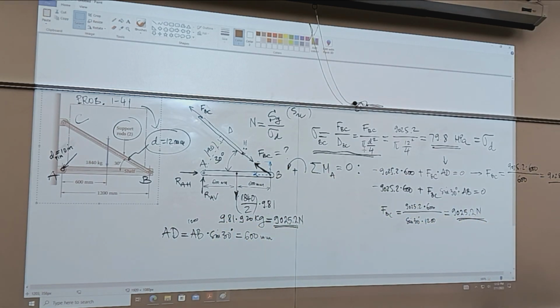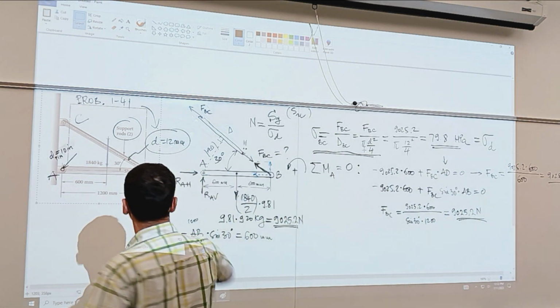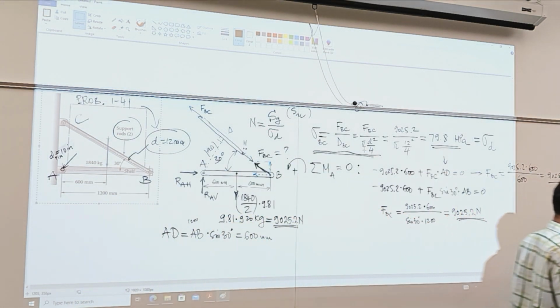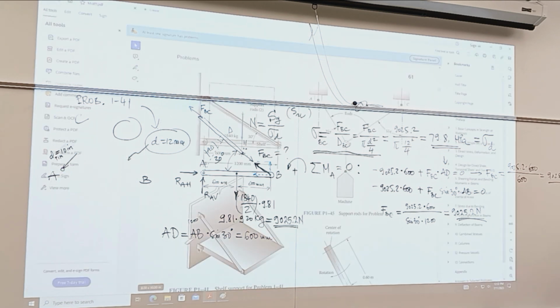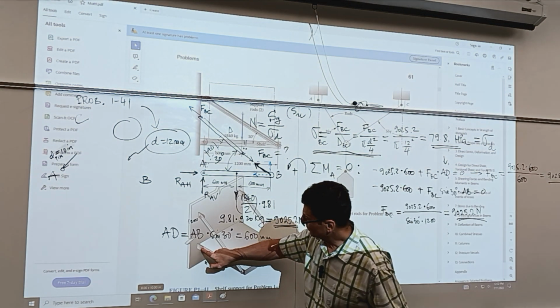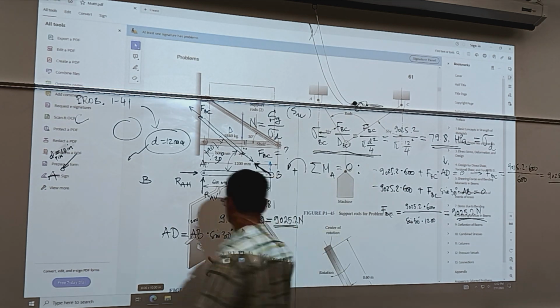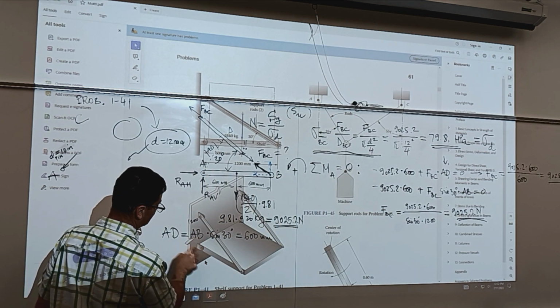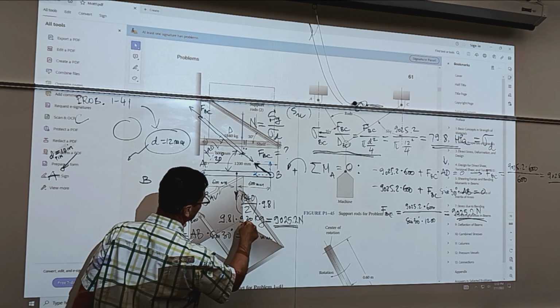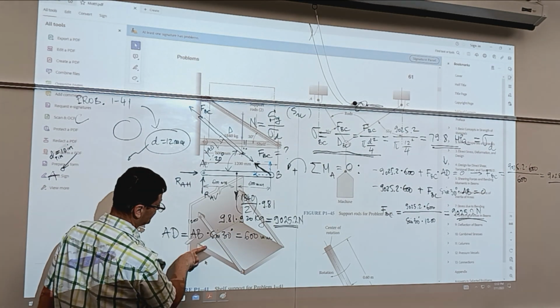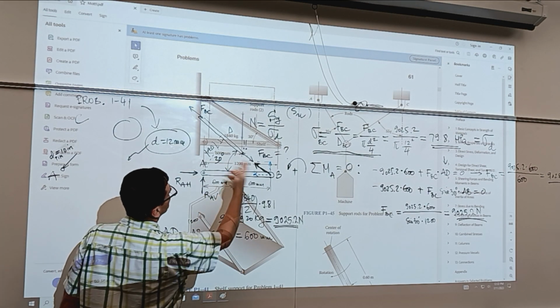Okay, so we have a pin, and if you look at the 3D view in the book, I can go to the book. So let's look at what kind of shear we have at the pin. It looks like there's a long pin that goes from this bracket all the way to this other end, or maybe it's just, I don't know.